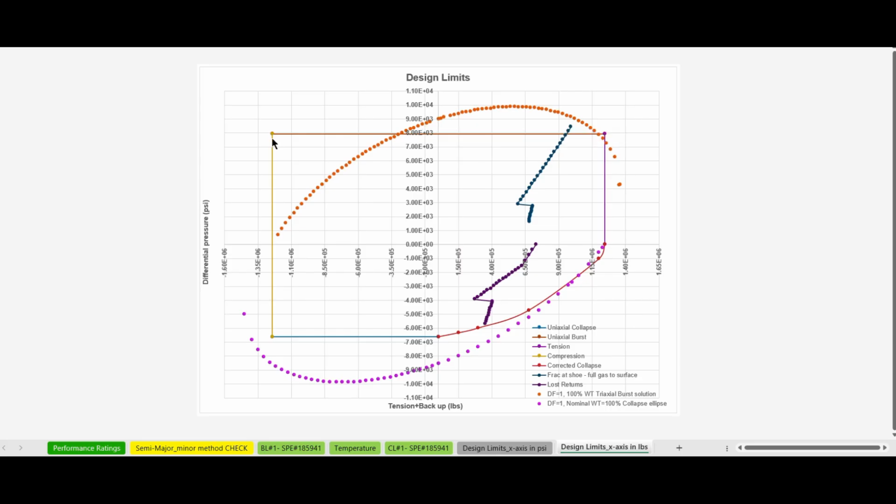Okay, and then you have the compression and the tension limit, and as I mentioned, all the design factors are set at 1 at the moment. So you can see design factor 100%.